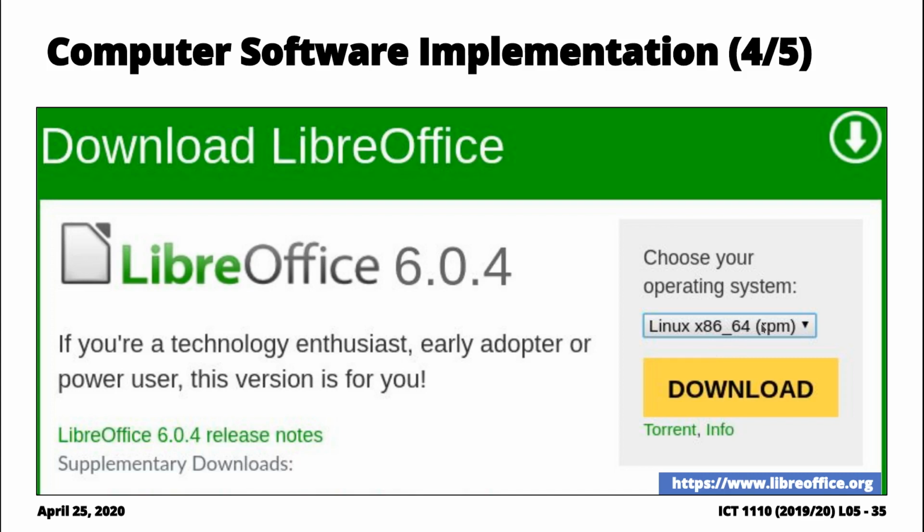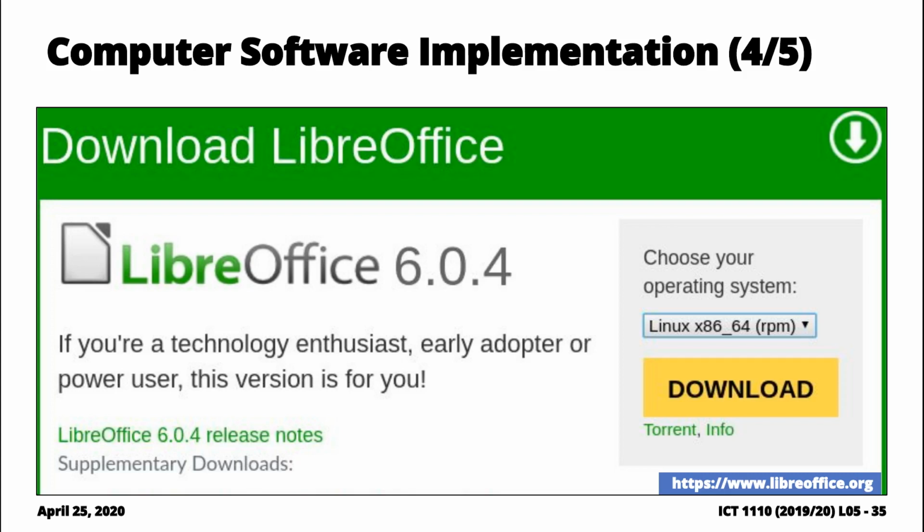Suffice to say that if you have a 64-bit hardware architecture, you can install 32-bit software and 64-bit software, but the inverse is not true. So if you have a 32-bit hardware architecture, you cannot install 64-bit software. All this will make sense very soon.